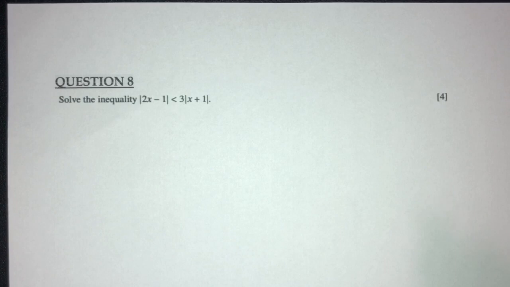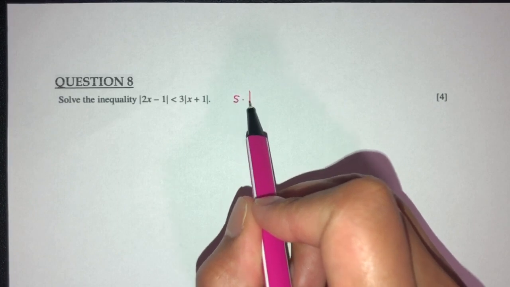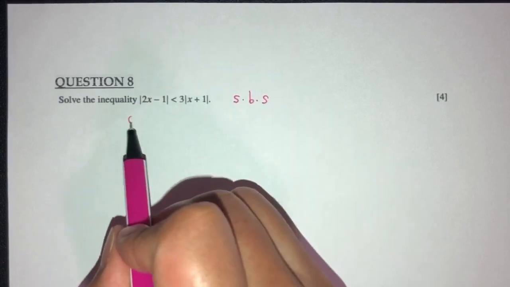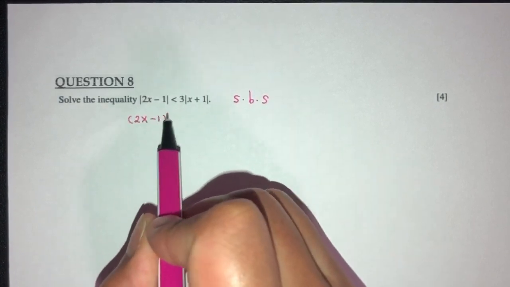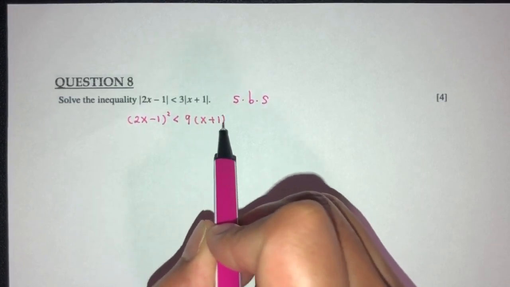So same concept. We have modulus on both sides. We have x on both sides. What do we do? We square both sides. That will become 2x minus 1 squared less than 9x plus 1 squared.